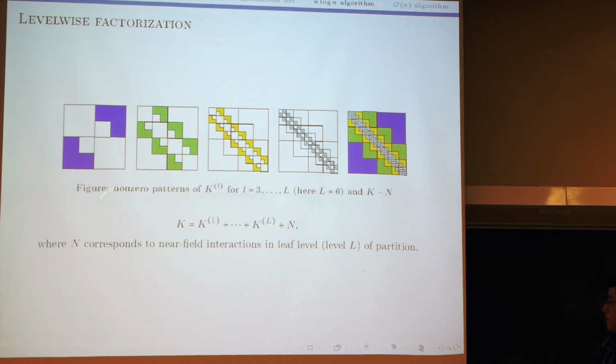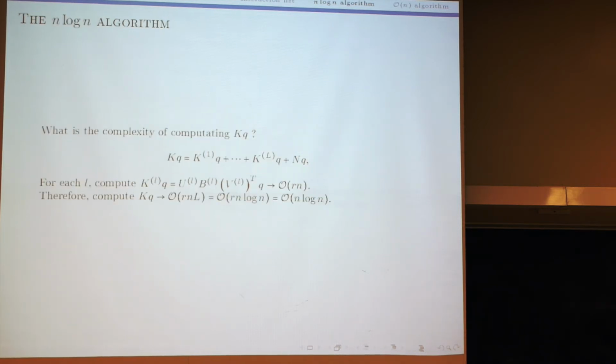So this decomposition gives us an algorithm to compute the matrix vector product where the complexity is roughly L times N. Here, L is the number of levels of the binary tree, and the capital L is of order log n.